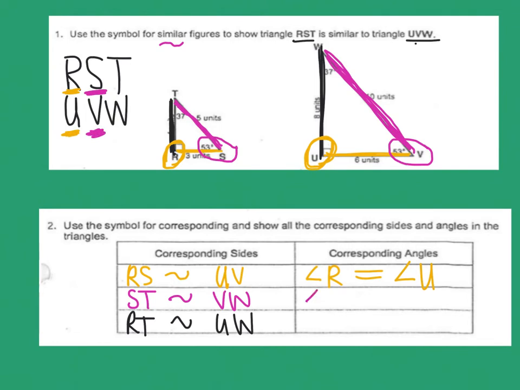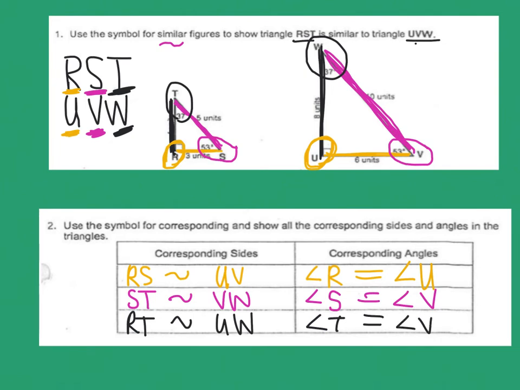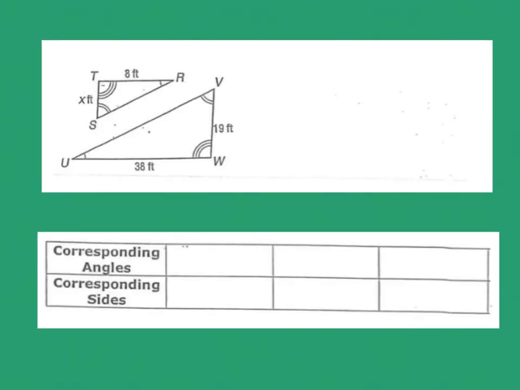So I would say angle S is equal to angle V. And then my last one up at the top, T was the third letter. It has a 37 in it. W is also the last letter in the name. It has a 37 in it. So that means angle T equals angle W.